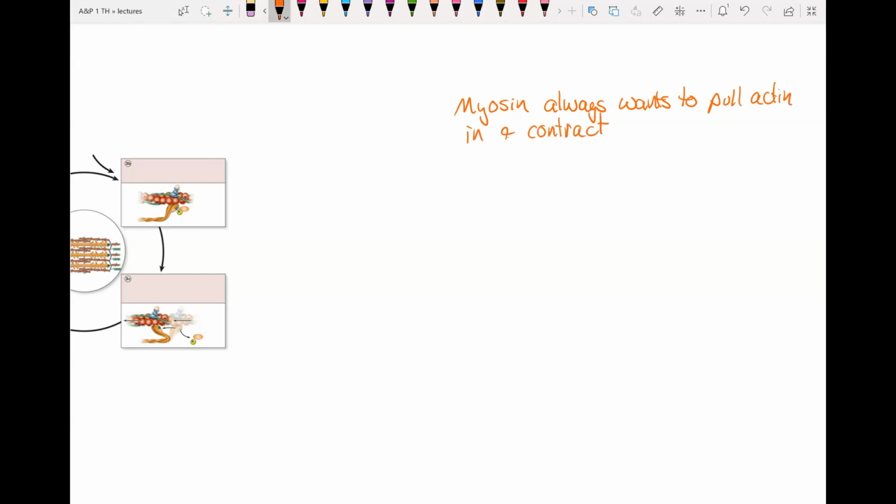We have to have a way to control this. You only want it to happen when your brain decides that your muscle should contract. So the basic setup here, the muscle always wants to contract. When your brain wants the muscle to be relaxed, you have to stop it from contracting. Then when your brain wants the muscle to contract, all you do is let it go.